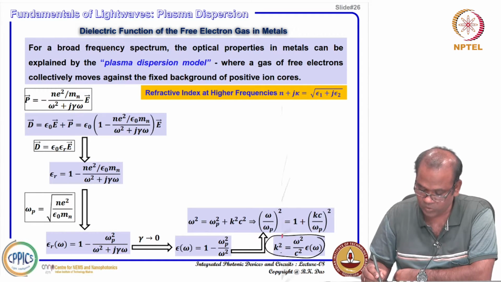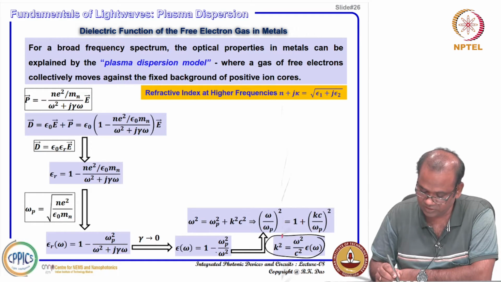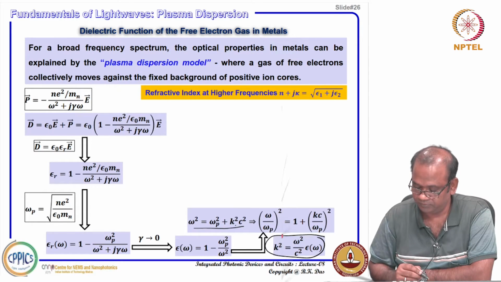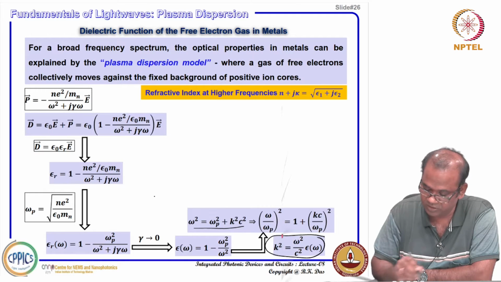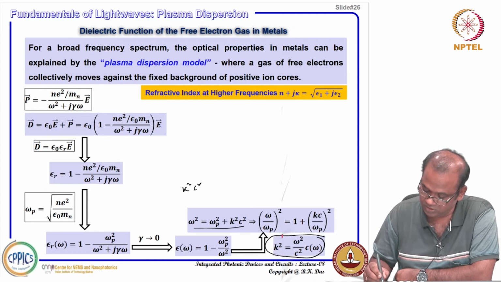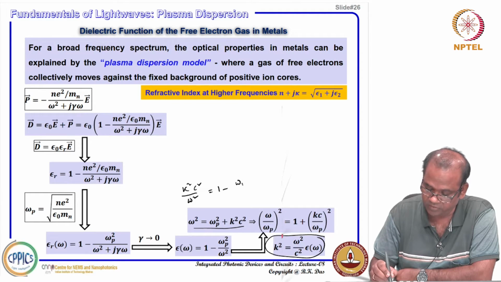If I use this and insert this expression, epsilon omega equals k square c square by omega square, which equals 1 minus omega p square by omega square.